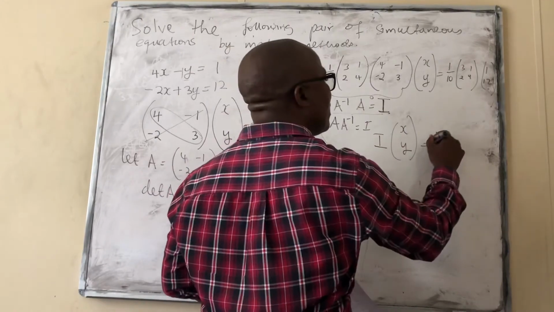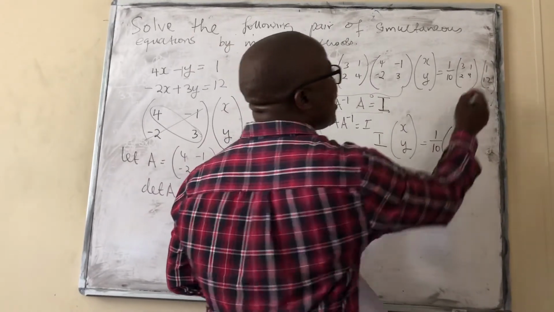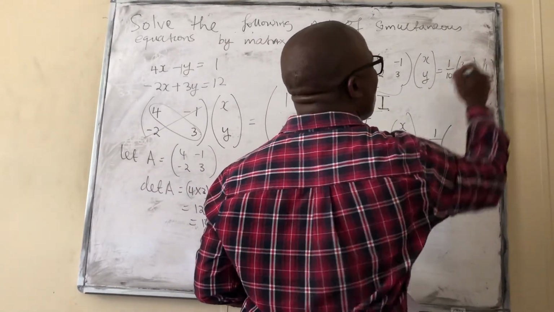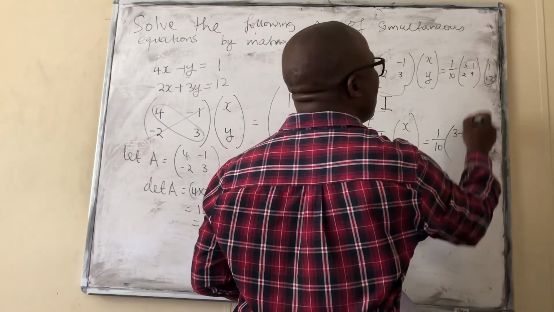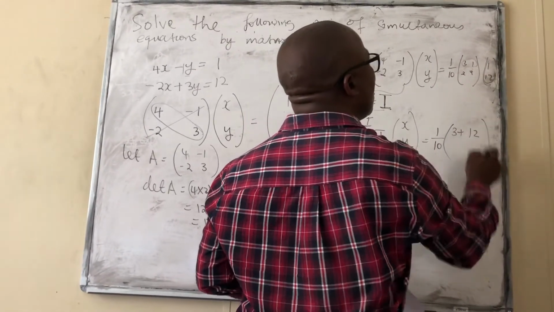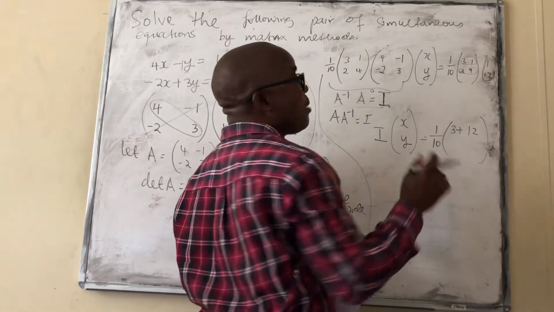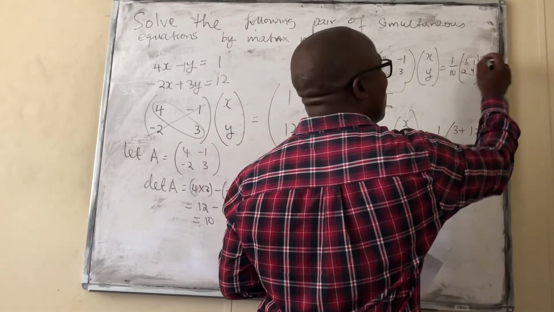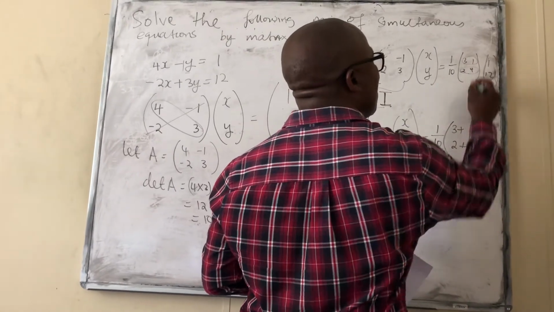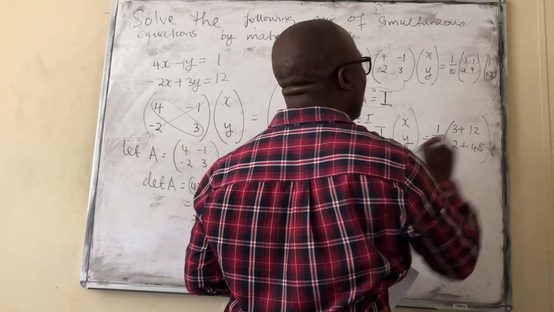And this one, you write 1/10 as it is, and then multiply this row by this column. 3 times 1, 3, plus 1 times 2, 12. You are done with the first row because there's only one column. Second row by this column: 2 times 1, 2, plus 4 times 2, 48.